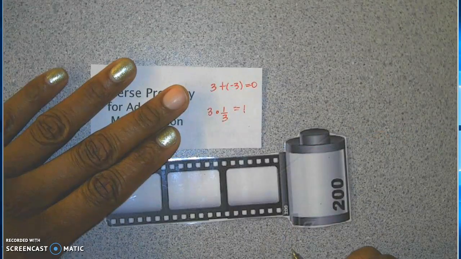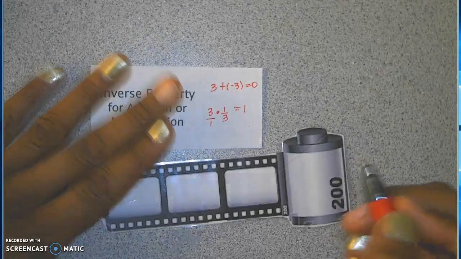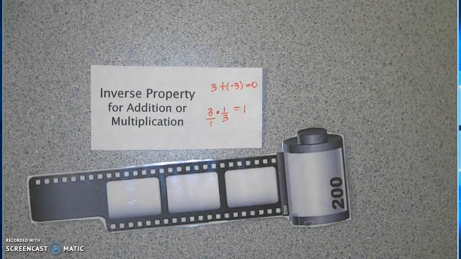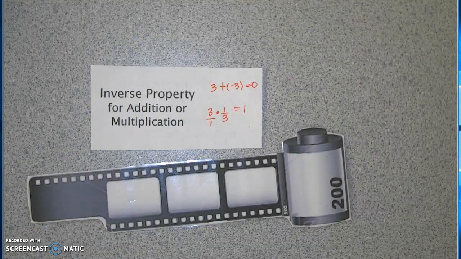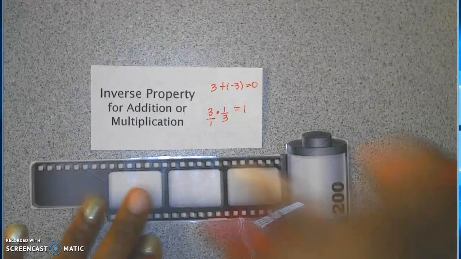The reciprocal of 3, or 3 over 1, is 1 over 3. So if I multiply 3 by its inverse, I'm going to get 1. So the inverse property says add me to my opposite, you get 0. Multiply me by my reciprocal, you get 1.